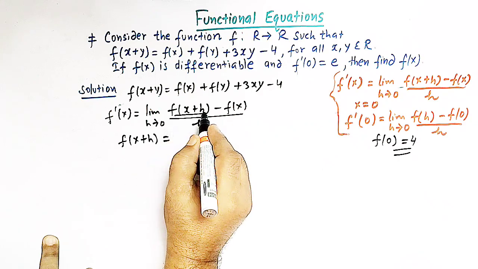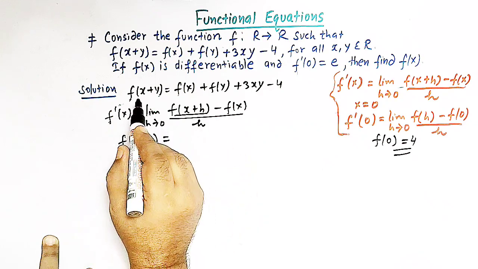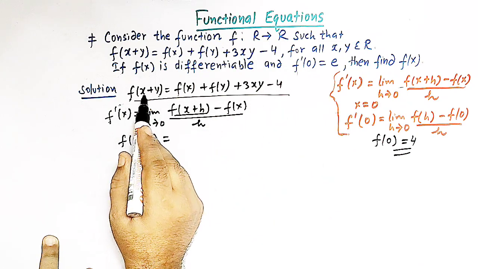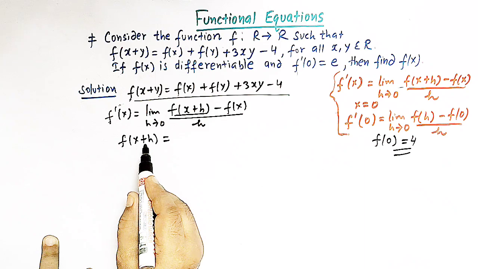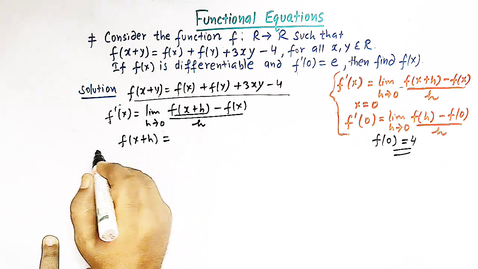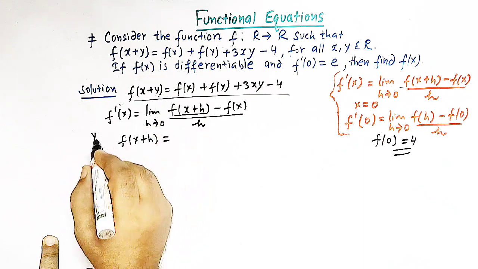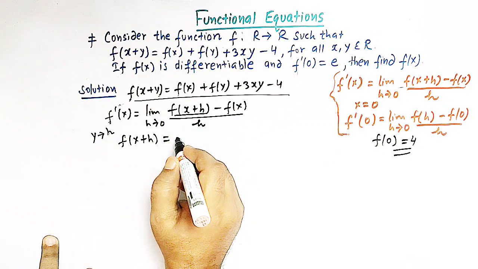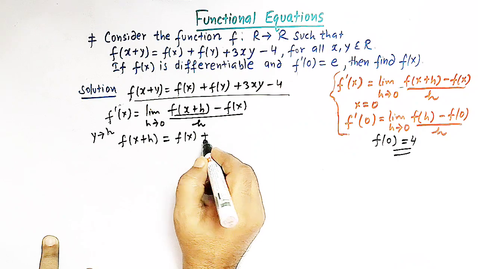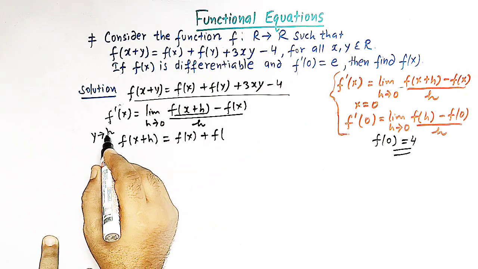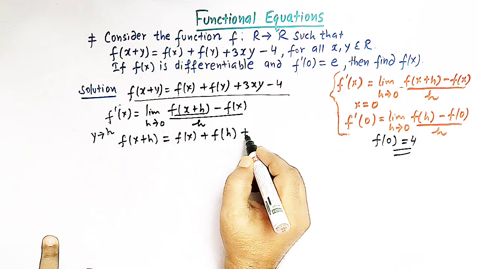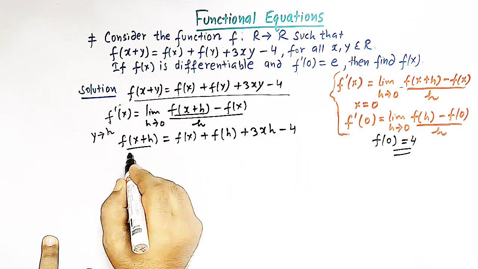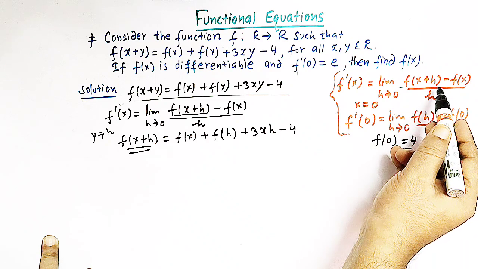So f of x plus h can be obtained by using the given equation. Here we have f of x plus y, and here we have f of x plus h. So if we replace y by h, then f of x plus h can be written like this: f of x, plus f of h, and here we have 3xh minus 4. So let us substitute this value over here.